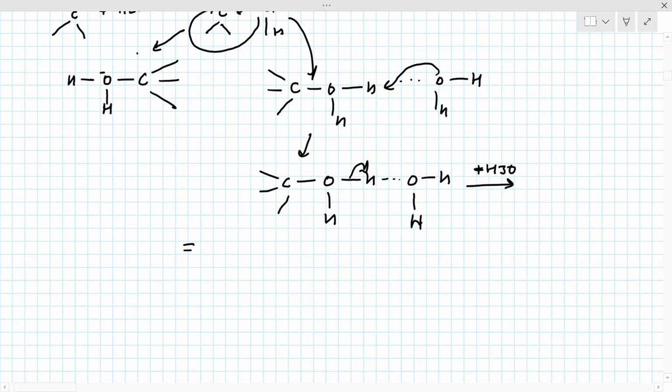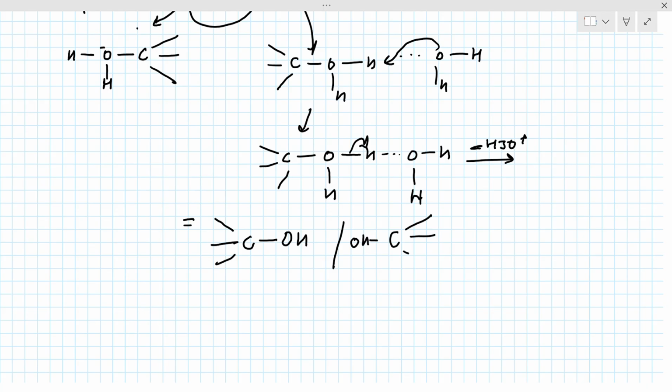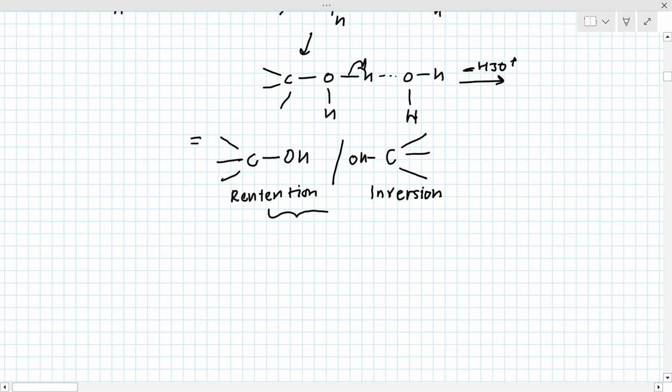So you will be left with either this compound or this compound. Here this is retention, and this is inversion. There will be two products you will get, retention and inversion. Both of these will be 50% and 50%. They are a racemic mixture.